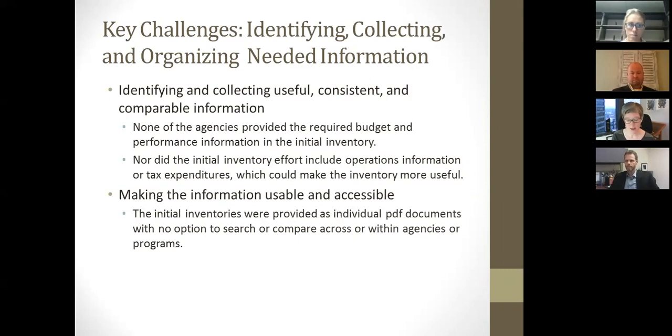And so the work that GAO did to look at the first attempt that OMB did found, first of all, that none of the 24 agencies included even the basic information that was required, so budget and performance.